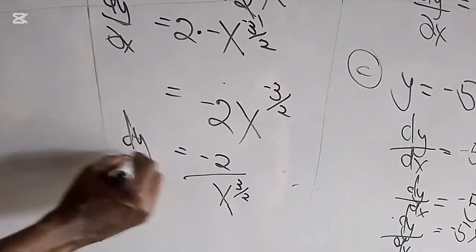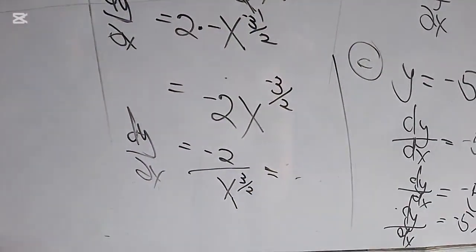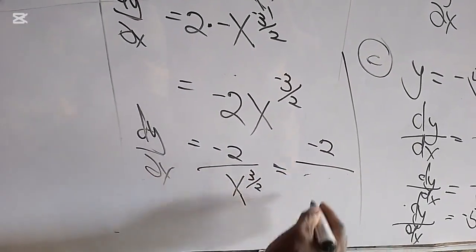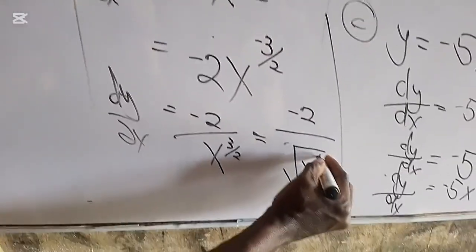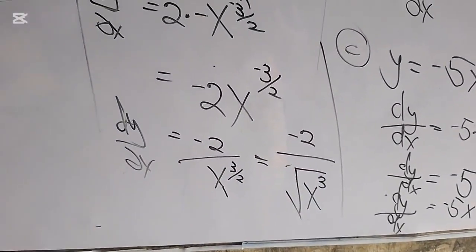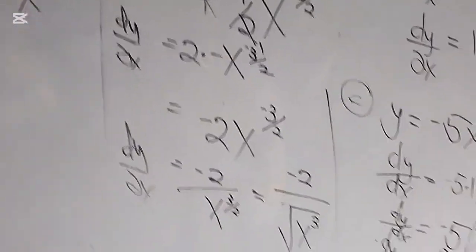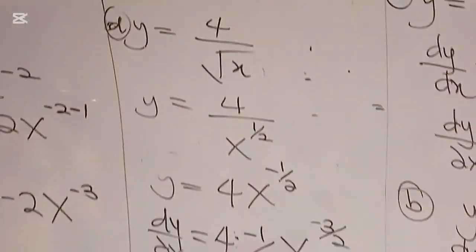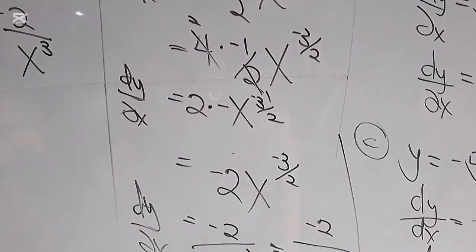Finally, our dy/dx will be written as negative 2 all over root of x to the third power. So when you differentiate 4 over root of x, it is nothing but negative 2 over root of x to the power 3.